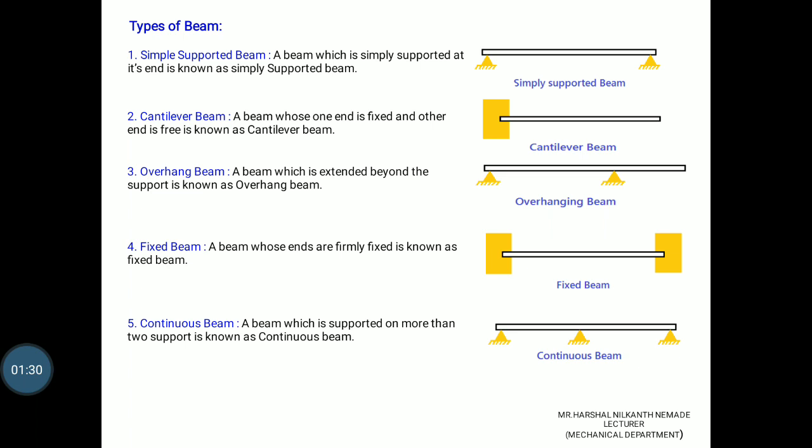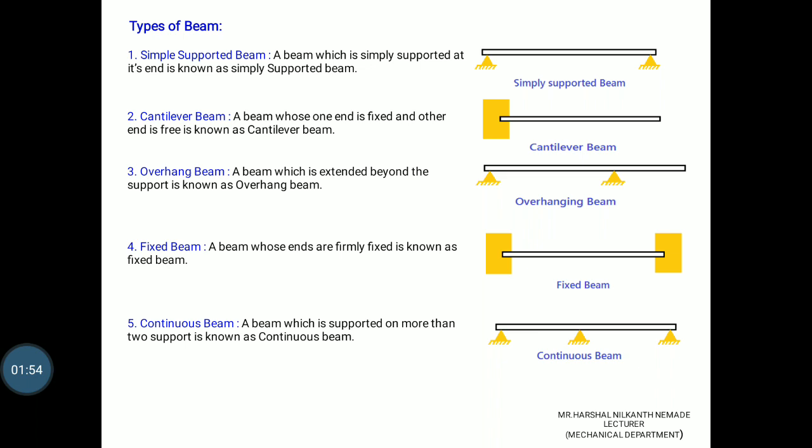Types of beam. Simply supported beam. A beam which is simply supported at its ends is known as simply supported beam. Second, cantilever beam. A beam whose one end is fixed and other end is free is known as cantilever beam.